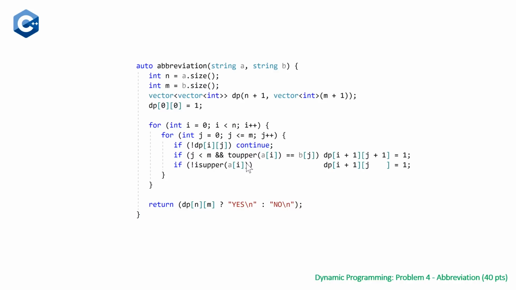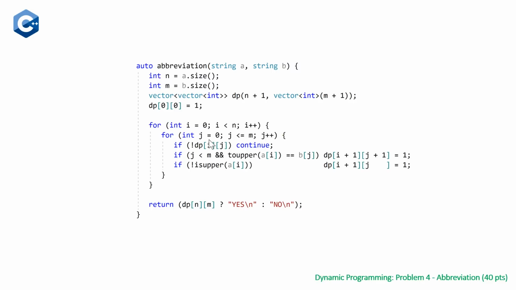If j is less than m and either the character already matches the current uppercase character in B, or it's a lowercase version, and when we make it uppercase, it matches, then we do our +1 on I, +1 on j, and set that equal to 1. And then our second condition is checking as long as it's not an uppercase letter, we can just ignore it. So that's the deletion, and then we just set I +1 and keep the current j equal to 1. So that's the horizontal shift.